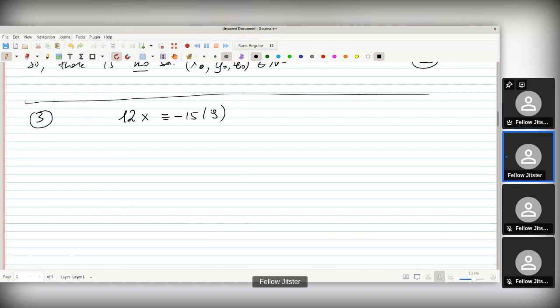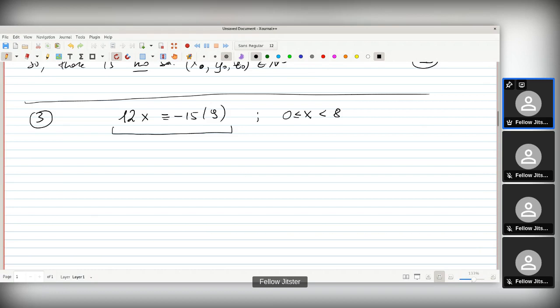A number that satisfies this congruence and lies in a range of 0 and 9. But can we find one? It is not hard to find this number directly by guessing, by brute force, by trying all our 9 possibilities for x. But of course, there is a better way.